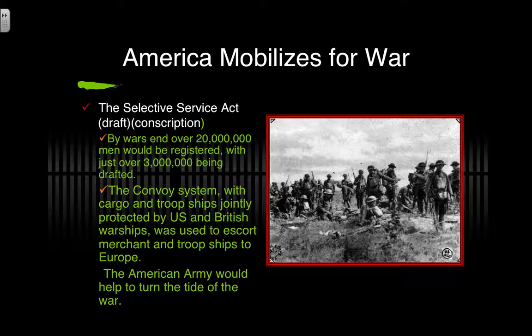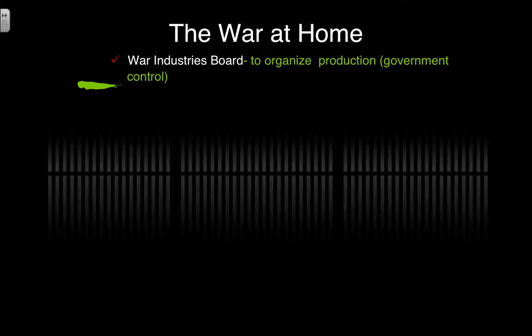And I think during the course of the war, about 1.5 million men ended up serving in Europe. Certainly the size of the American military forces were able to turn the tide of the war in the favor of the Allied powers. And the war had a big impact on changing things at home in the United States, a lot of domestic changes.